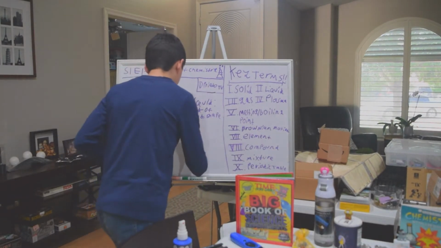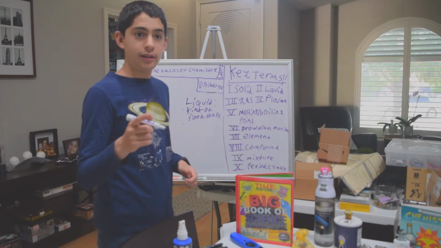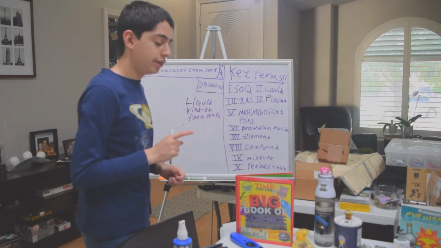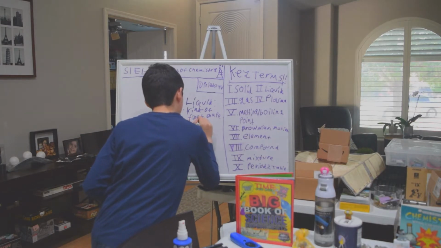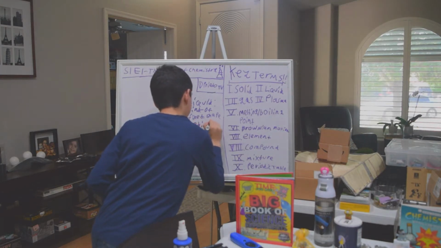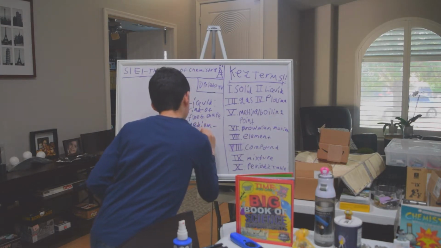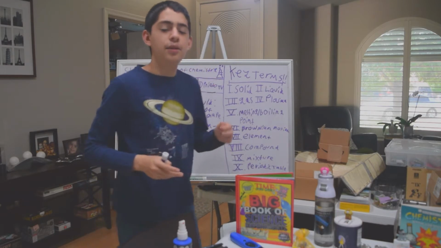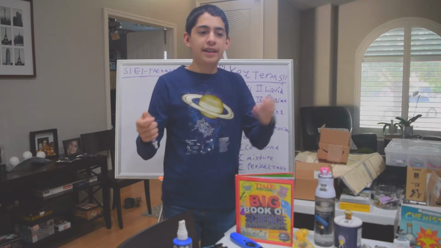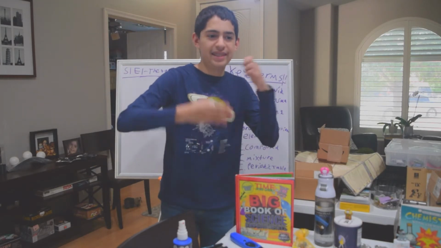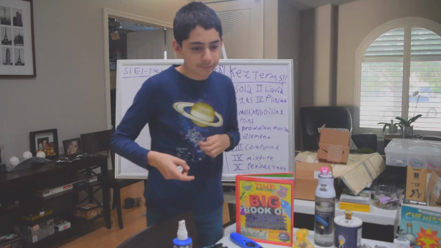Another aspect is that liquids have a medium state. They're the state in between solids and gases, kind of solid and kind of gas, like that borderline.